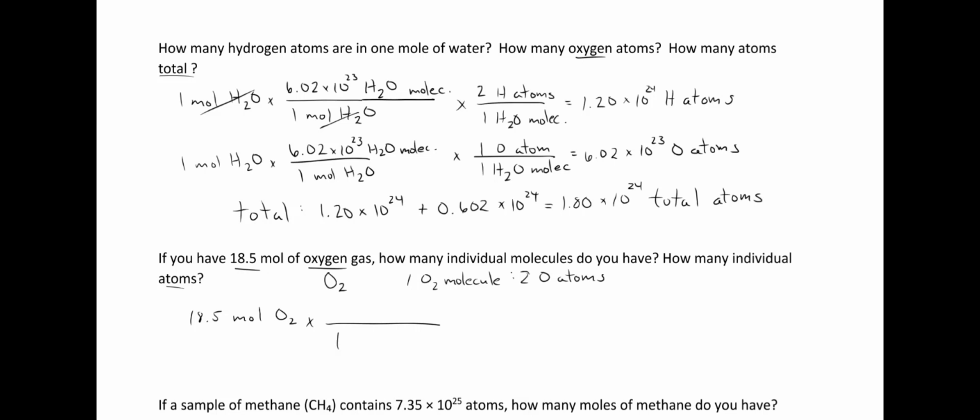So for every 1 mole of oxygen, there are 6.02 times 10 to the 23rd of whatever these are. So what units do O2s come in? They are molecules. So putting this in the calculator, 18.5 times Avogadro's number gives me 1.11 times 10 to the 25.